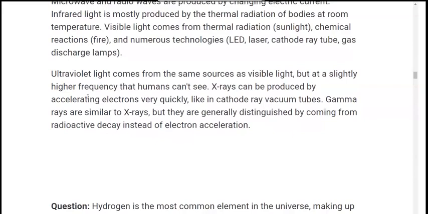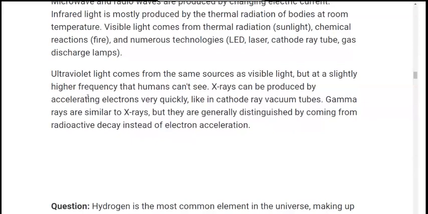Ultraviolet radiation is at a slightly higher frequency than what a human's eye can see. So ultraviolet radiation is not helpful to humans to see the things around. An X-ray can be produced by accelerating electrons very quickly, like in a cathode ray vacuum tube.